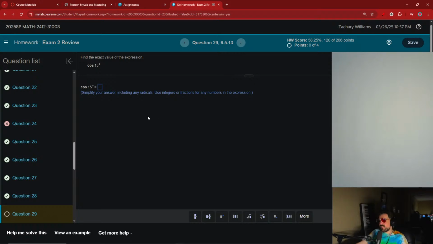Exact value. So this is sum and difference formulas. And it's just pi over 12, right? No. 15 degrees is pi over 12.